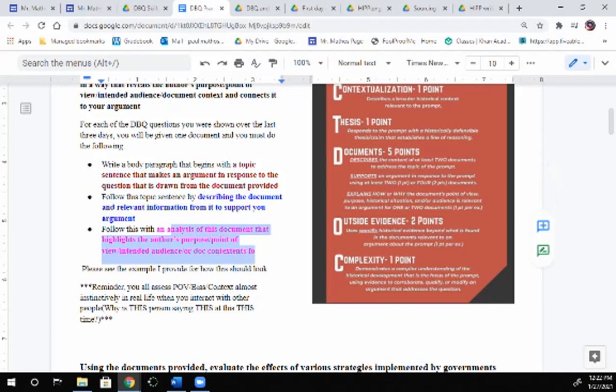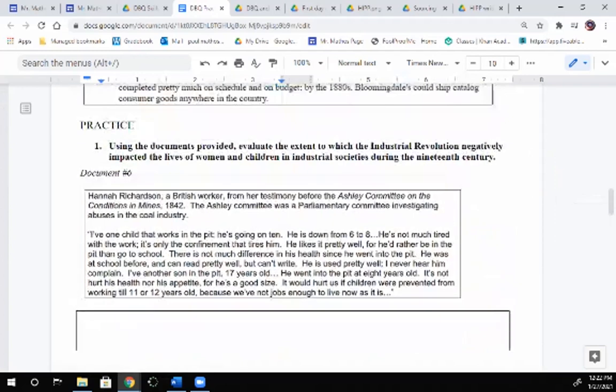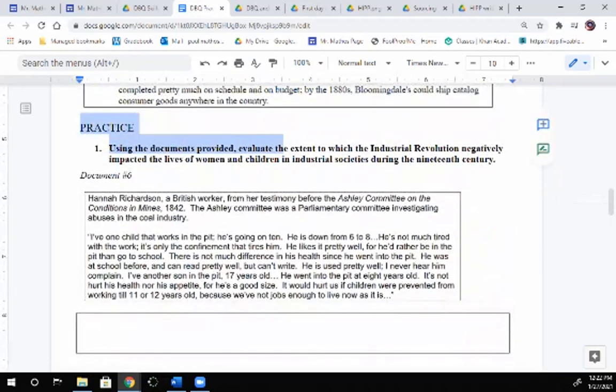Okay, I do not want you to do the topic sentence that makes an argument or describing the document. All I want you to do is to be able to analyze. Okay, so when you see the practice section, which is down here, you'll see the prompt and you'll see the document. I don't want you to make an argument and summarize and then put the analysis.